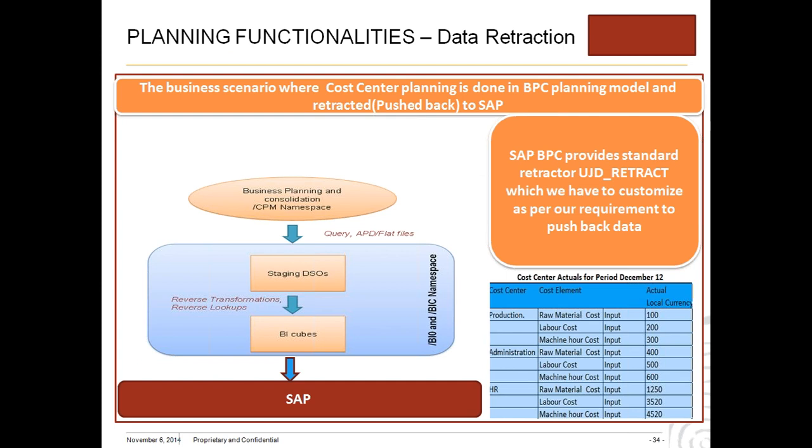I don't want to repeat the job. Anyhow, I am planning at the higher level in BPC only, so I want to retract from BPC to ECC R3. BPC doesn't hold any data; ultimately it stores in BW only. From there, you will be loading the data to ECC, right?